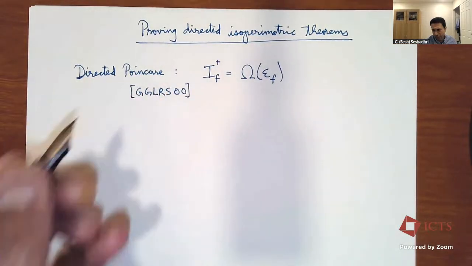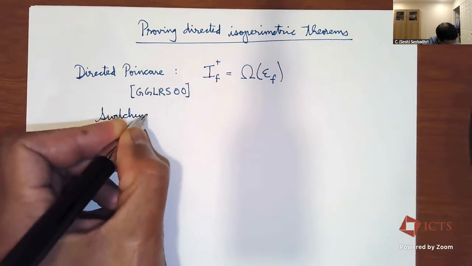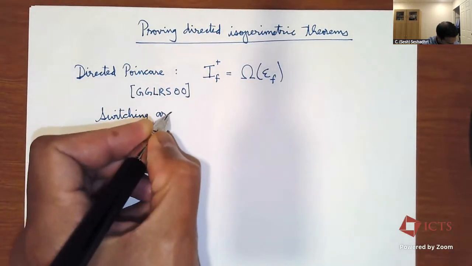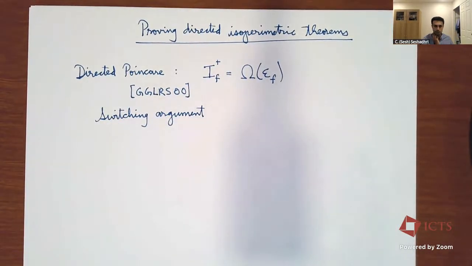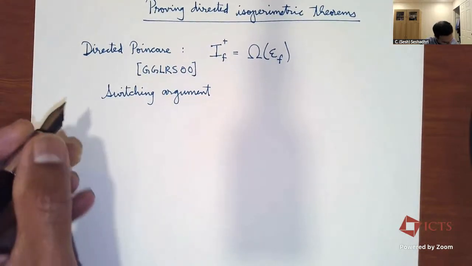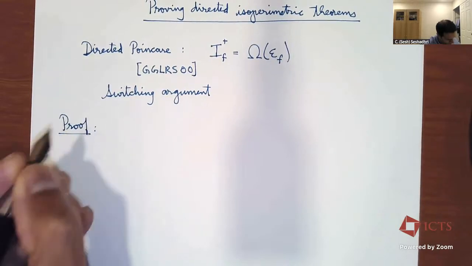This is a very nice argument, called the switching argument, which makes an appearance in many aspects of monotonicity testing and in a lot of combinatorial tricks on the Boolean hypercube. Okay, so here's how the proof goes.